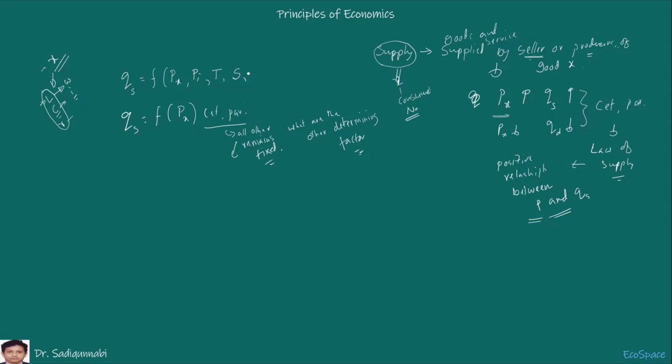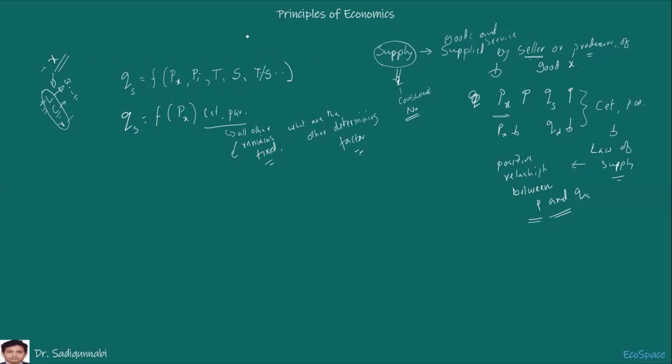What other factors? So we say that price of good X is a factor, price of inputs is a factor, technology is a factor, 1, 2, 3, 4. I need one more, and then I will close the bracket. So government subsidies. Thank you. This is called tax and subsidy.